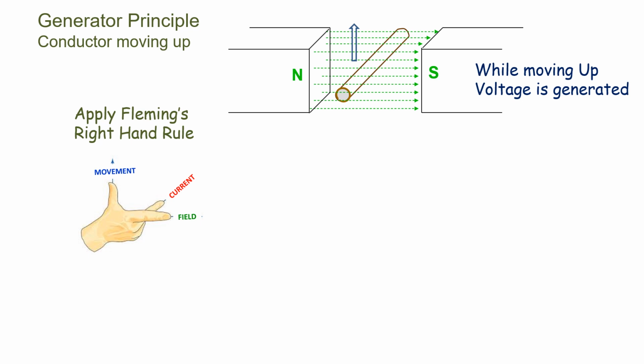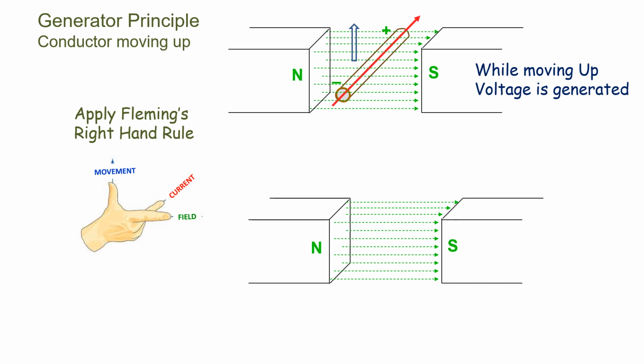So this current direction in the conductor is shown by this arrow. Current is supplied by this single conductor generator from the inside end. When the conductor is supplying the current in that direction, the polarity of the voltage will be as indicated by plus and minus.